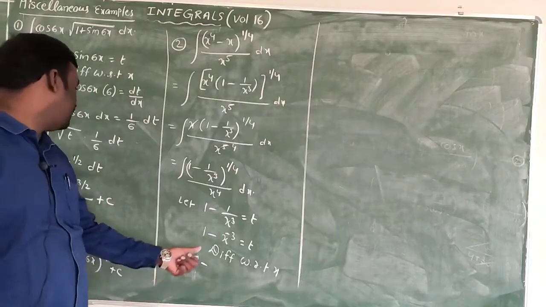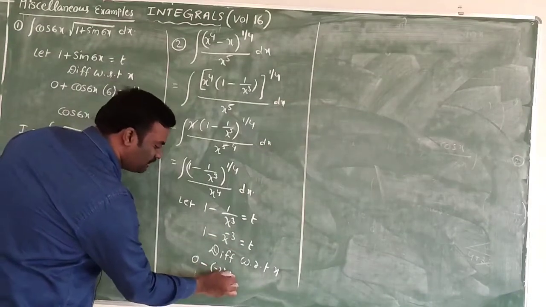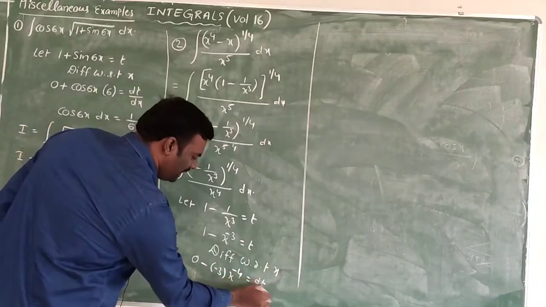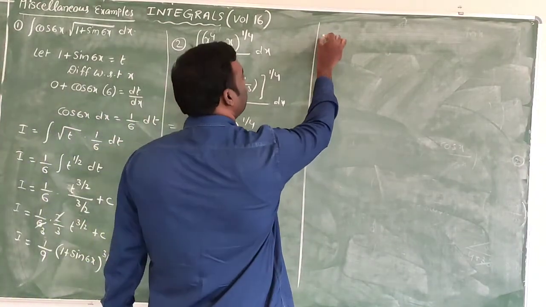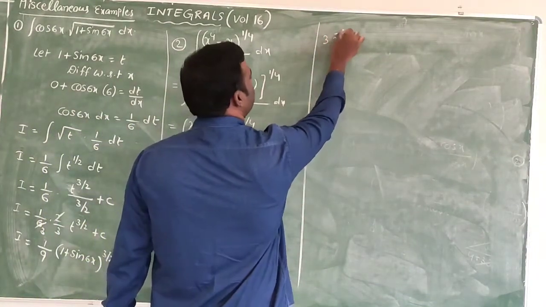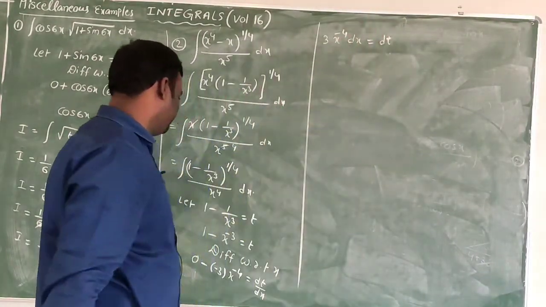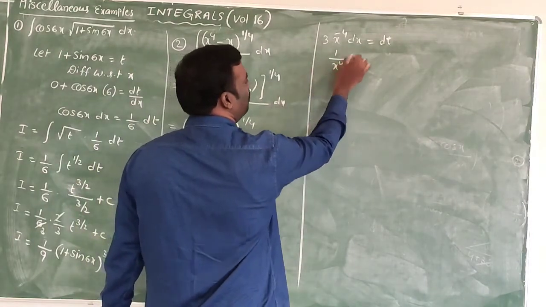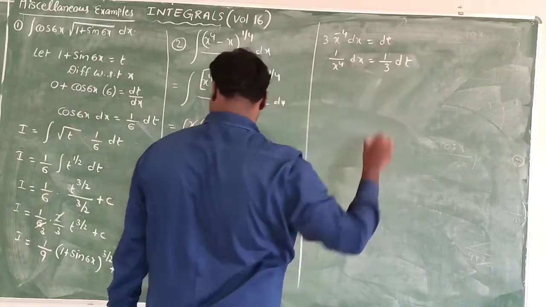What is the formula for derivative of x power n? n into x power n minus 1, that equals dt by dx. Then what will you get? 3 into x power minus 4 dx is equal to dt. This x power minus 4 can be written as 1 by x power 4, so dx by x power 4 is equal to 1 by 3 dt.